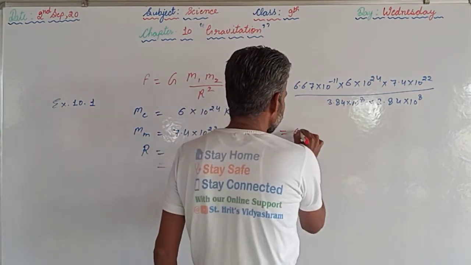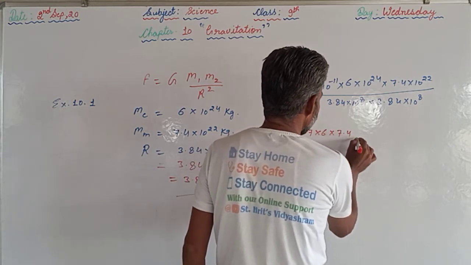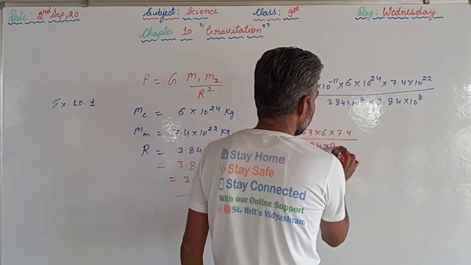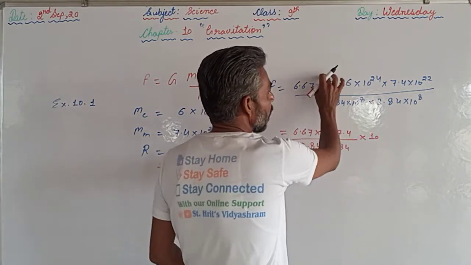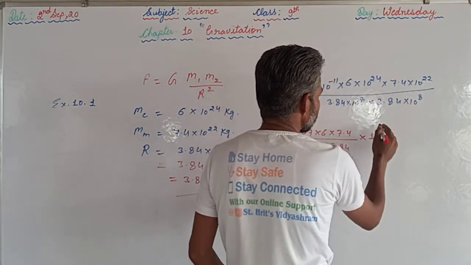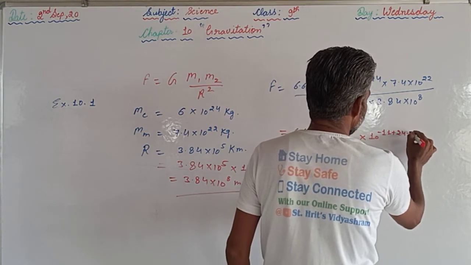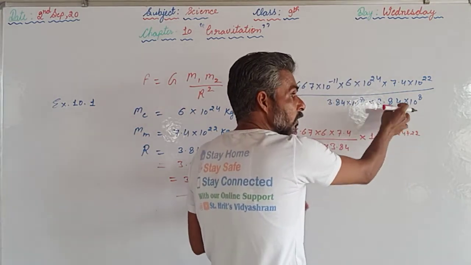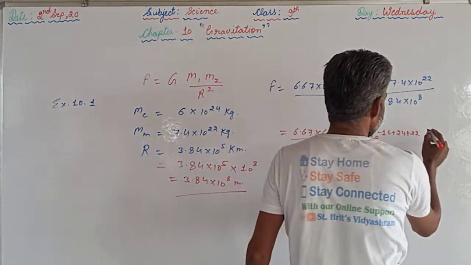That is 6.67 into 6 into 7.4 upon 3.84 into 3.84 into 10. Now the above terms will be written the same, minus 11 plus 24 plus 22, and the downward terms, according to the law of exponents, will be negative, meaning minus 8 and minus 8.